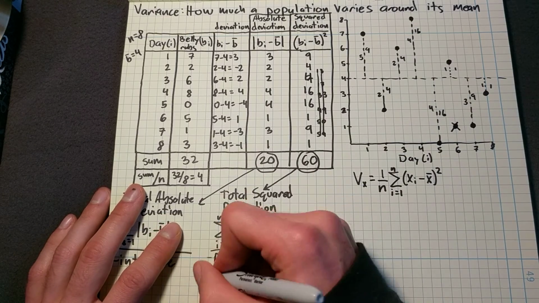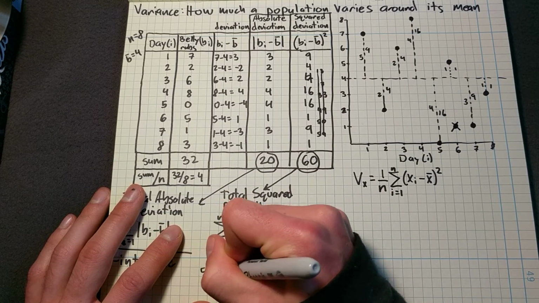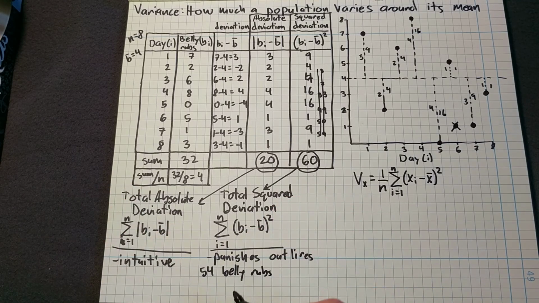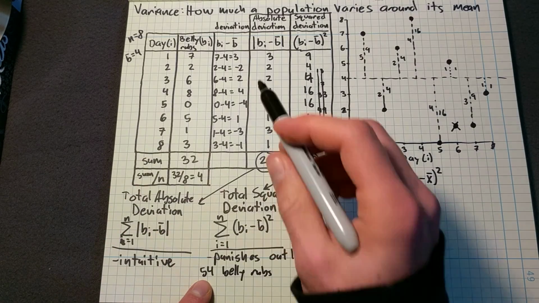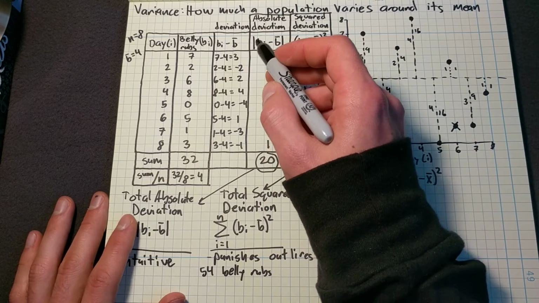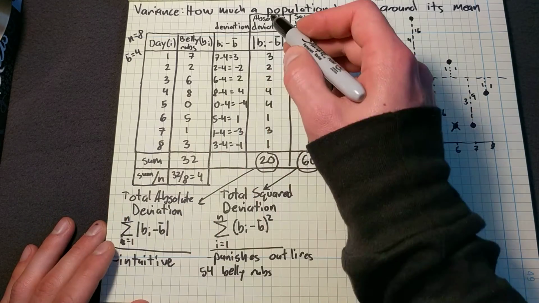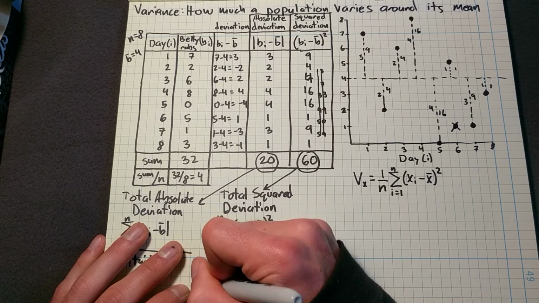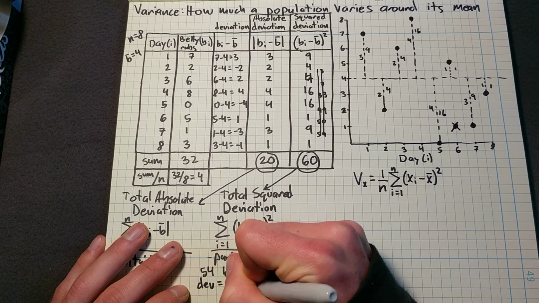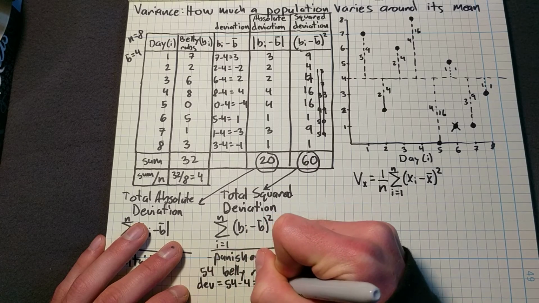So 54 belly rubs. And so let's assume that the mean was still 4. So the deviation would be 4. So then what would the absolute deviation be? So I'm going to do DEV equals 54 minus 4 equals 50.